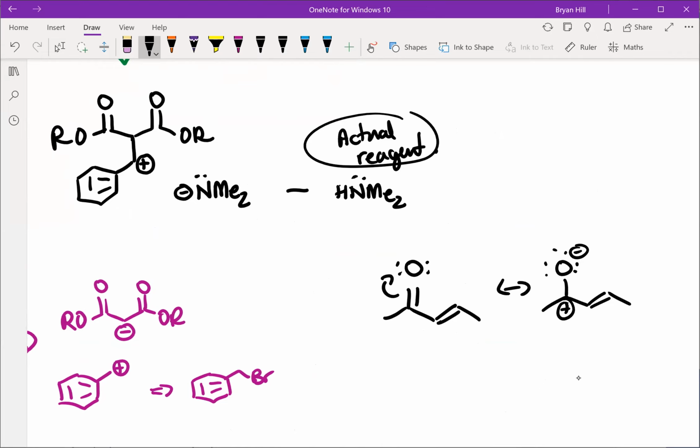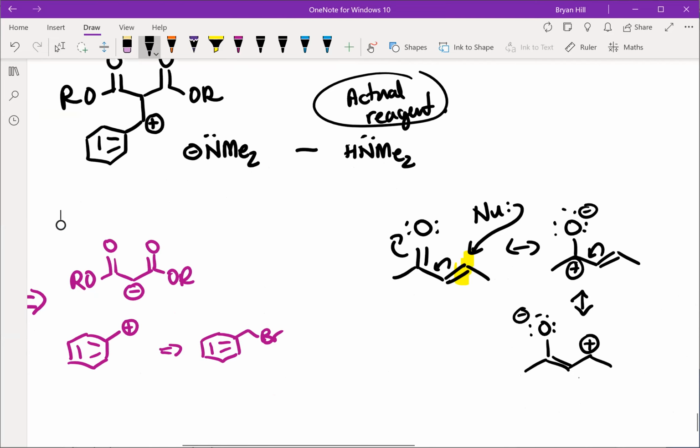Ooh, positive charge beside a double bond. Oh, that's another possible resonance structure. And there we go, right? So this carbon here is electrophilic. So a nucleophile can attack.